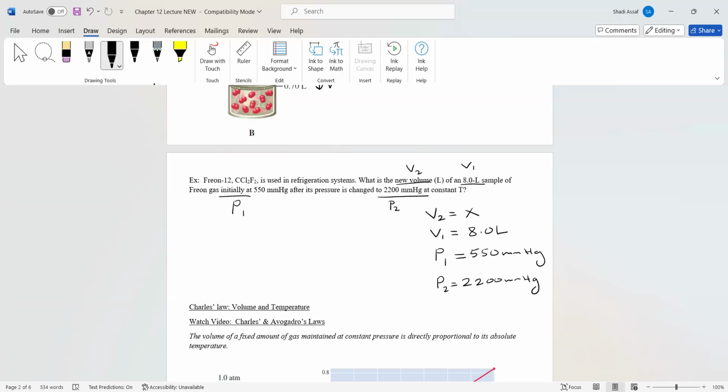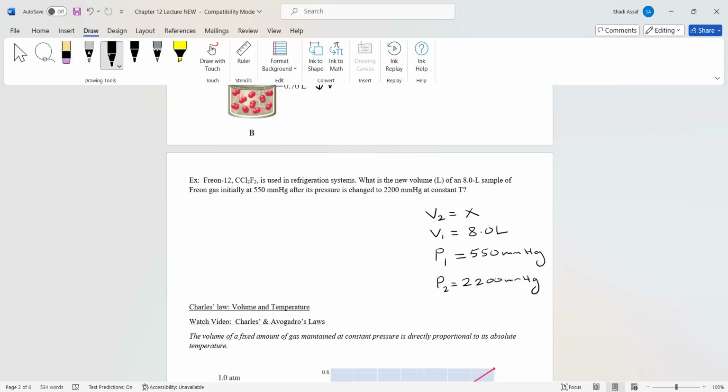And if we go back to the law here that says that as you increase, let's say, the pressure, the volume goes down, and the opposite is true. So here we're increasing the pressure, so we should expect the volume to go down. So going back to the problem, and we have everything listed nicely here.